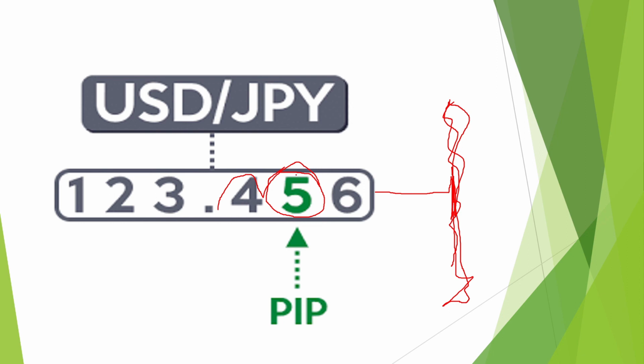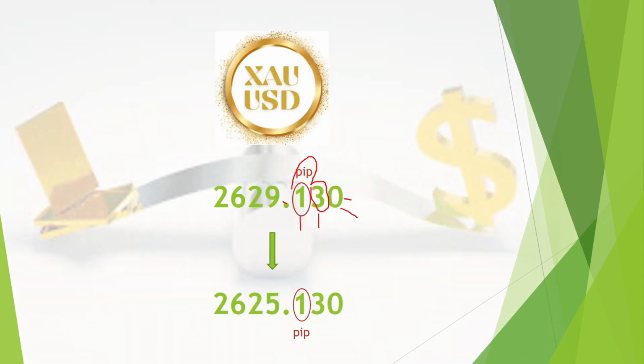It's always the second number after the decimal point that is known as the pip, while for metal pairs it is the first number after the decimal point that is known as the pip. You understand how to calculate your pip movement to give you the figure you are willing to risk or you are about to make when we get to lot sizes.